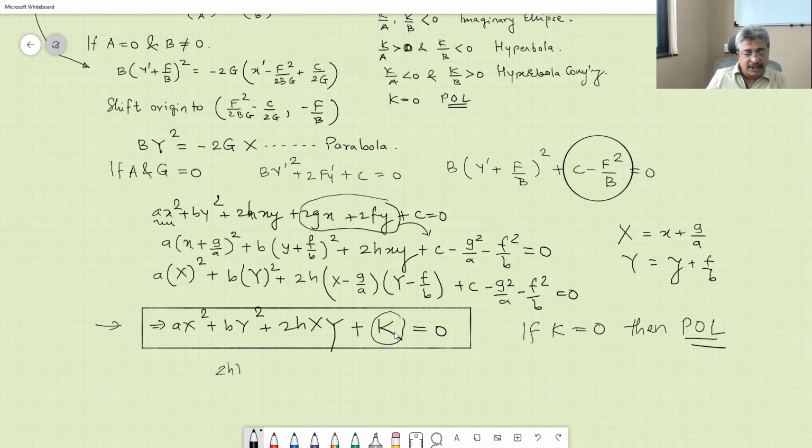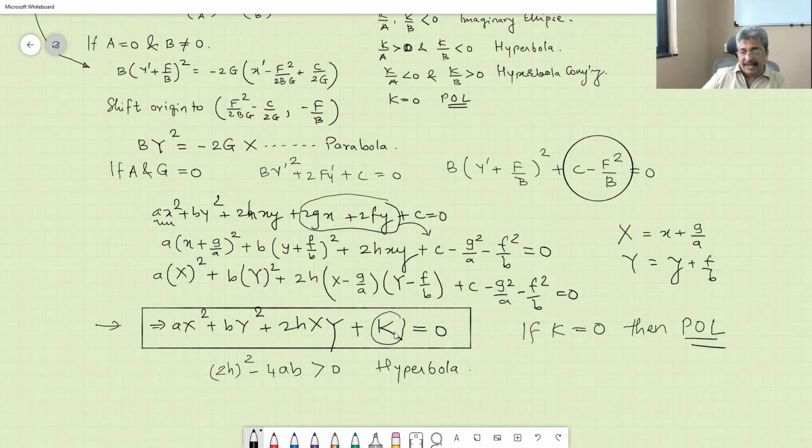If 2h square minus 4ab is greater than 0, hyperbola. Because when I equate this k equal to 0, they are going to be asymptotes passing through origin, because they will look exactly like the hyperbola with a difference of constant.